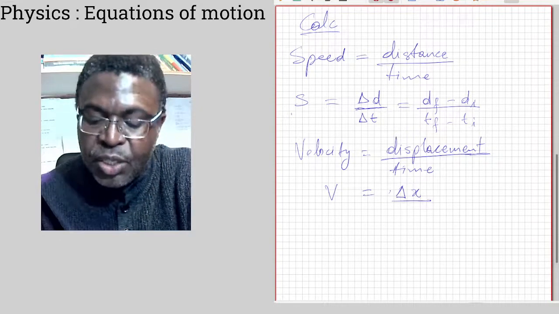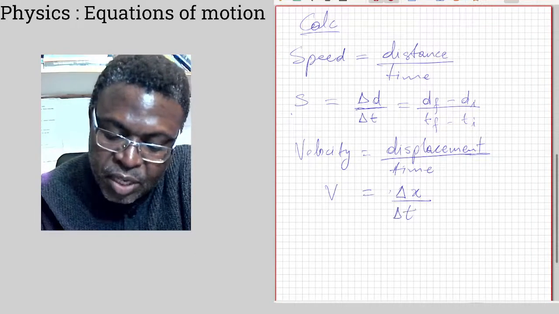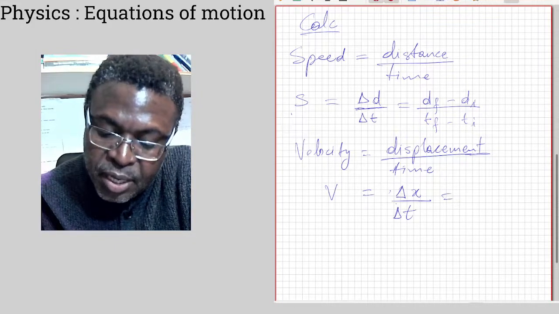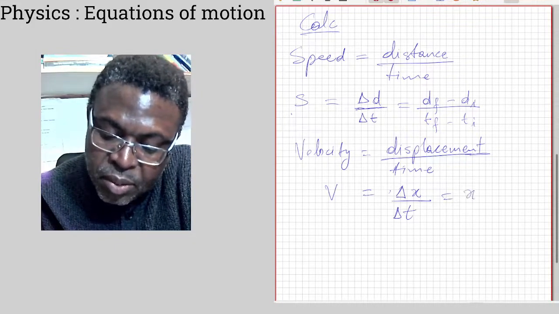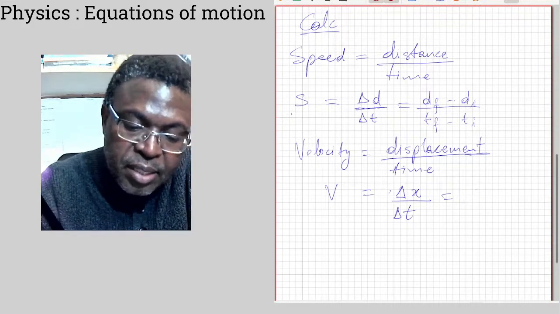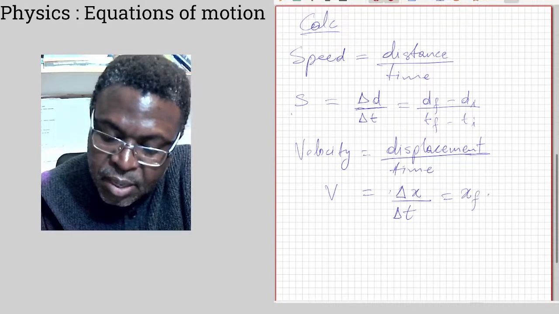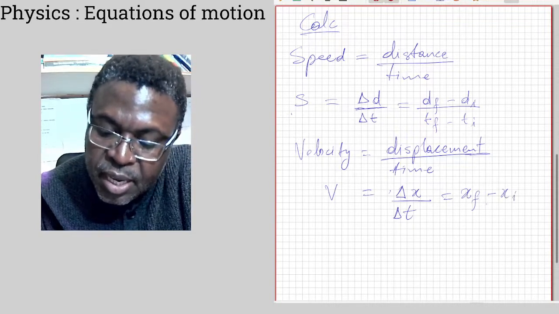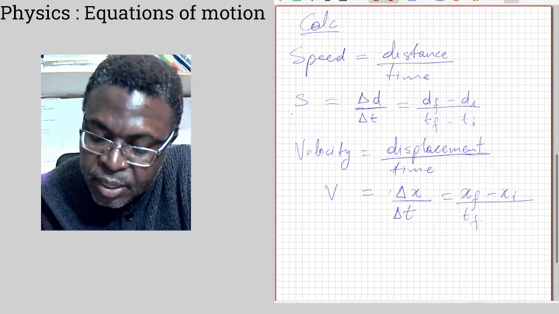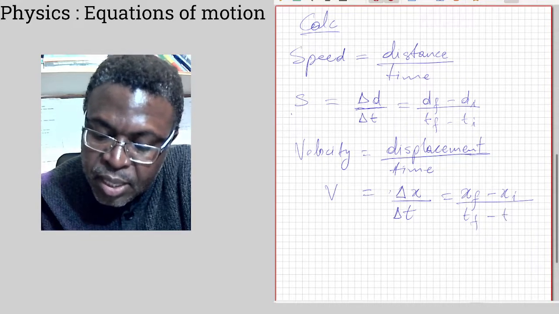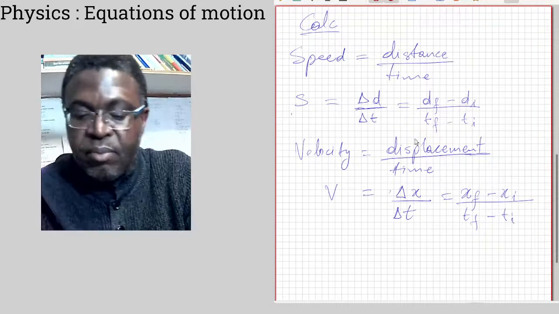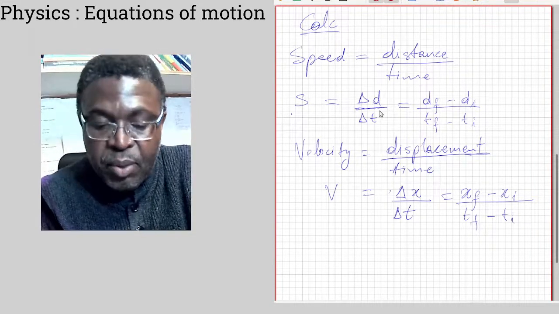This is just a notation we're using in physics, over change in t, right? So now you know delta is change. It means x final, the final destination of x, minus x initial, the starting point. Similarly for time, time at the final destination minus time at the starting point or initial point. This is what we're dealing with. I think it's simple, right?